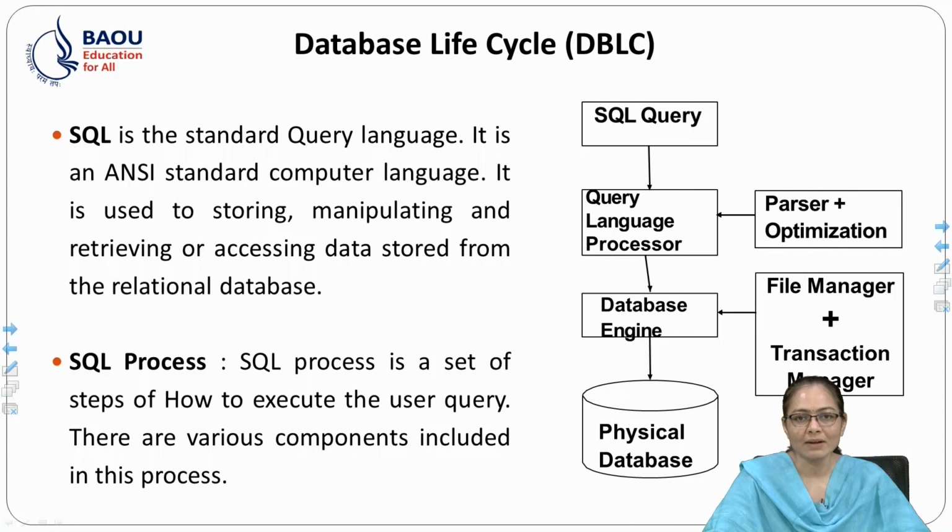Now, what is the database engine? A database engine or storage engine is the underlying software component that a database management system uses to create, read, update and delete data from the database.